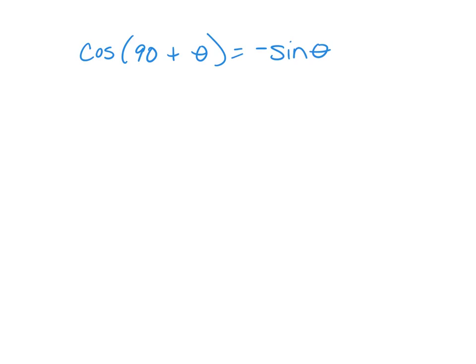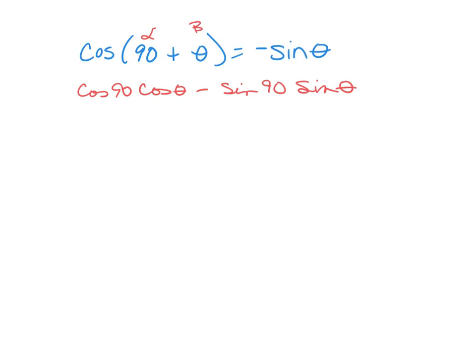So I've got cosine of alpha and beta, right? So the cosine formula is going to be cosine of 90 times cosine of theta minus sine of 90 times sine of theta. Everybody get that?